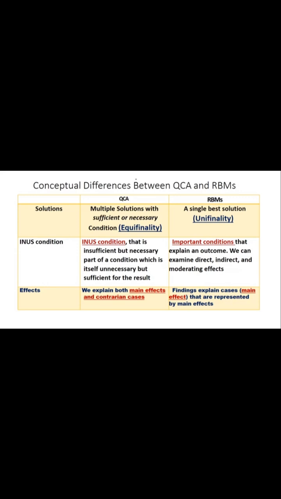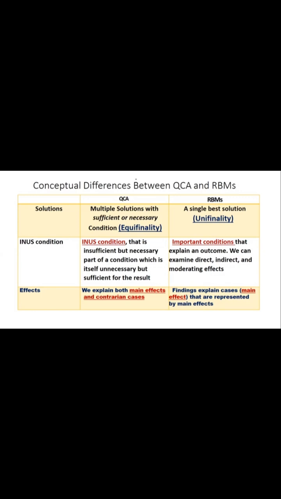We will sometimes get direct effect and sometimes indirect and moderate effect. But in a QCA, we get the INUS condition that is more practicable and more feasible to implement, when we know that these conditions are sufficient and sometimes necessary and sometimes insufficient.